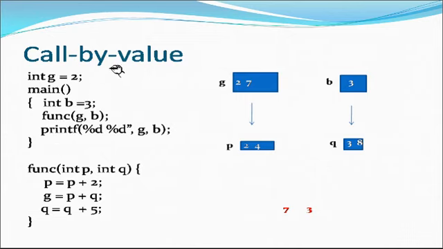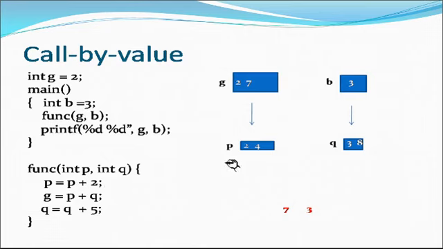Since the method is call by value, the actuals are first evaluated and copied to dummy. Now G and B are actuals, while P and Q are dummy parameters. So the value of G, 2, will be copied to P, and the value of B, which is initially 3, will be copied to Q.